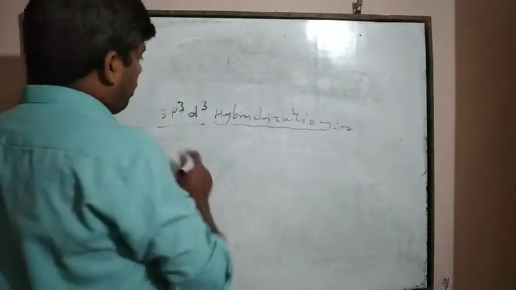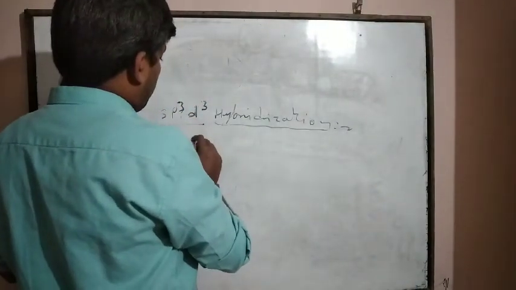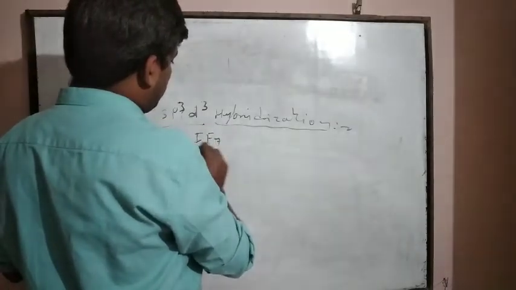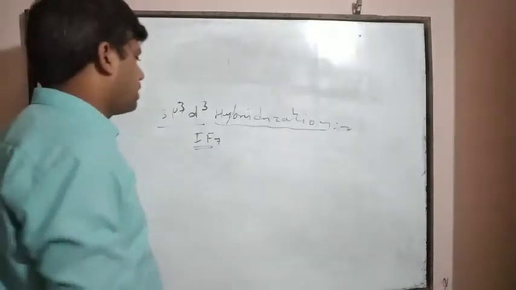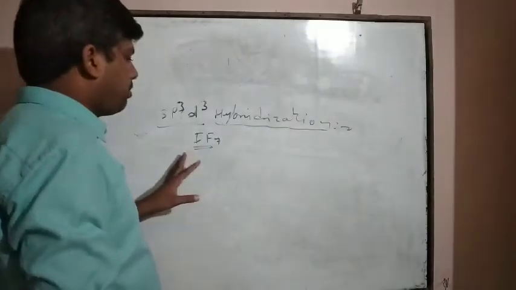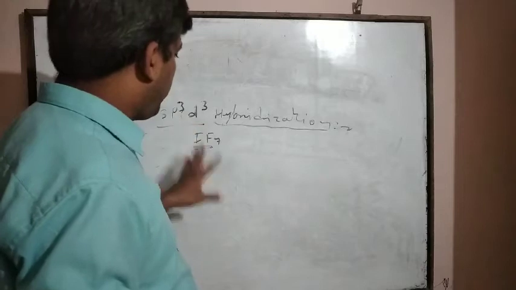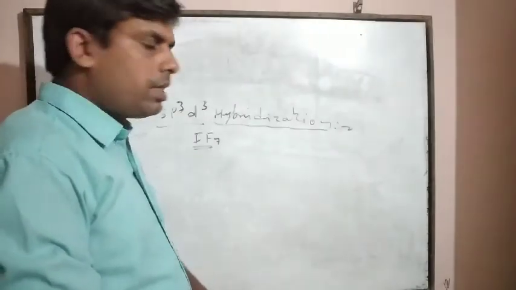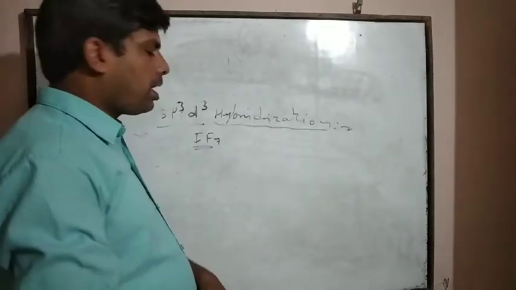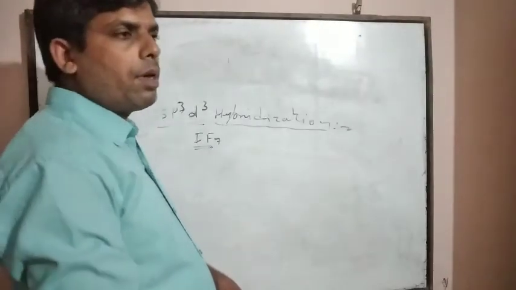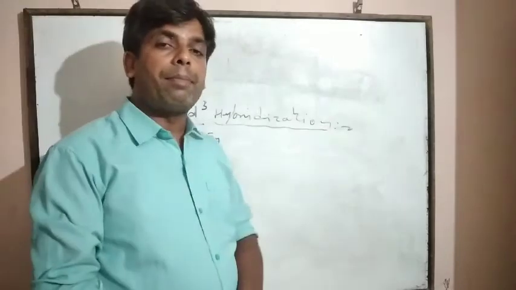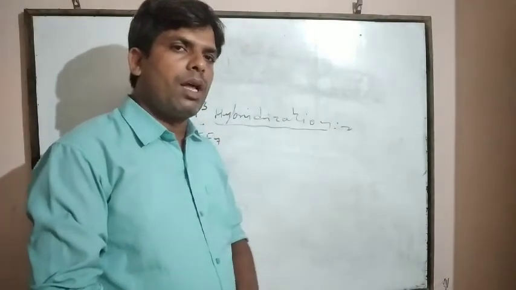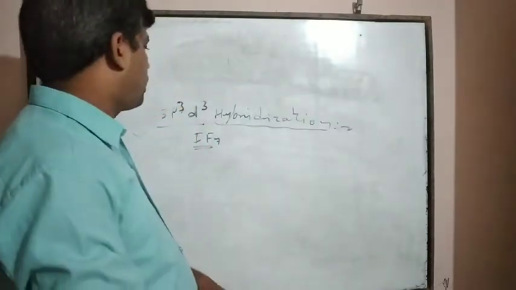Now, in what way IF7 shows such type of hybridization, we will discuss. In IF7, 7 fluorine atoms overlap with 7 hybrid orbitals of iodine and form a pentagonal bipyramidal structure.